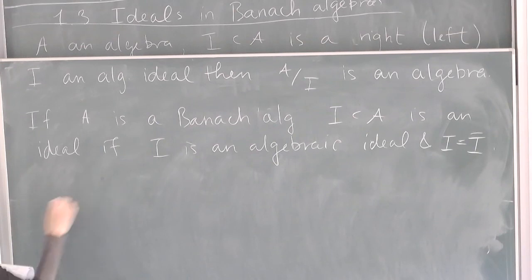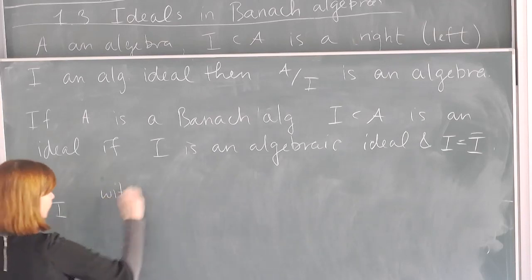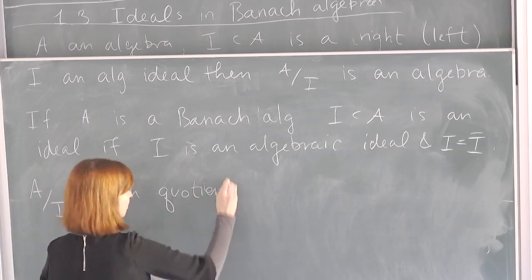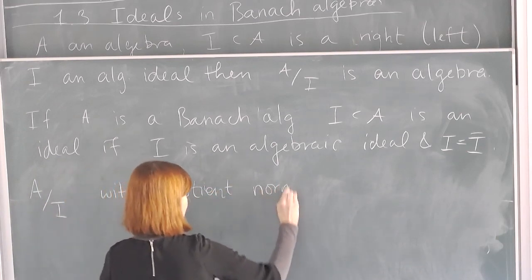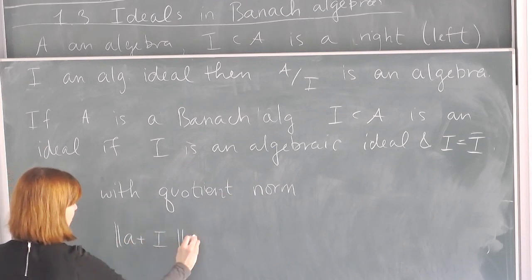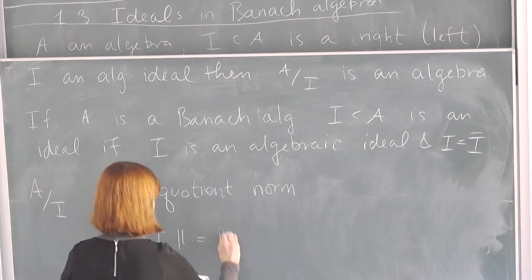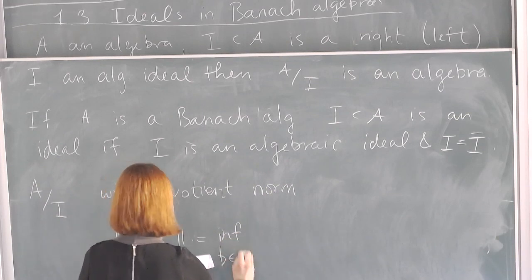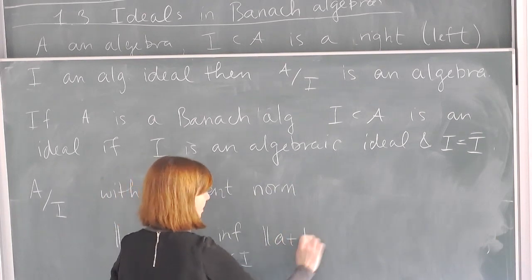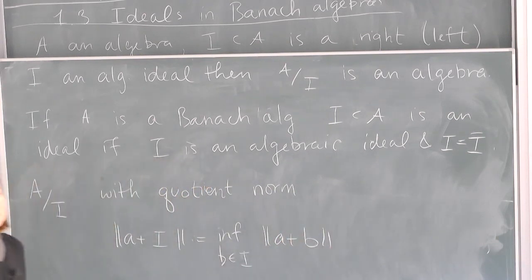Okay, so in this case, we can equip A/I with the quotient norm, make it into a Banach algebra. Excuse me, you meant a closed ideal there, yeah?